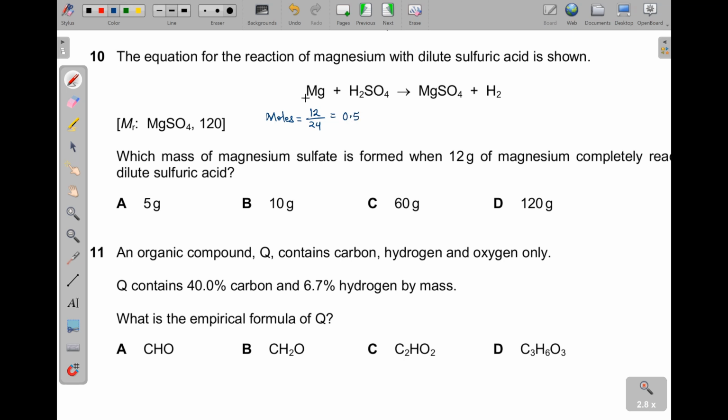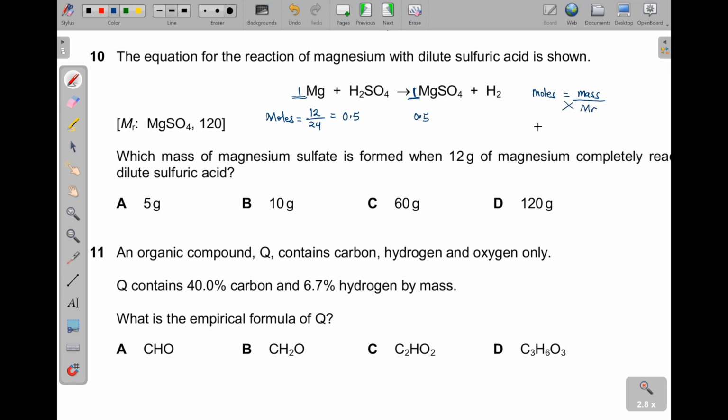So when you look at this stoichiometric equation, here there is 1 mole of magnesium reacts to give 1 mole of magnesium sulfate. So meaning if here we are having 0.5 moles of magnesium, even here it will be 0.5 moles of magnesium sulfate. So what mass of magnesium sulfate is formed? You know that the number of moles is equivalent to mass out of the MR, the relative molecular mass.